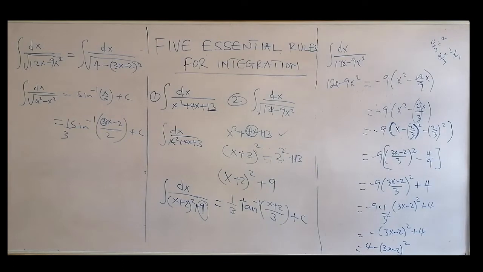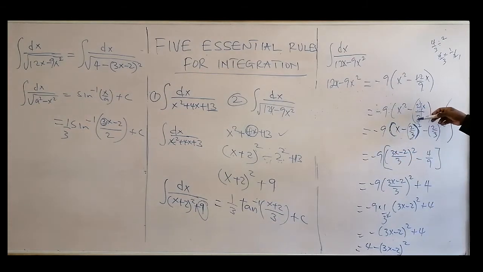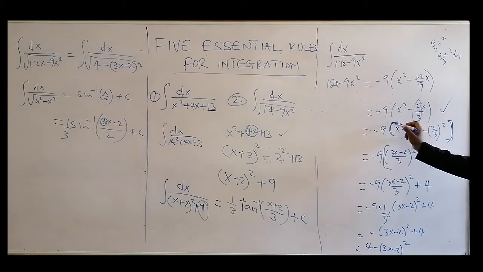The next thing to do is to express this as a sum of squares by completing the square. You take half of 4 over 3, which is 2 over 3, then you close your bracket squared, and then minus the 2 over 3 you added, squared. Then you close your brackets, because this minus 9 affects everything.